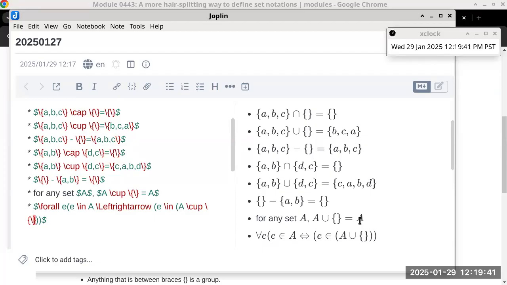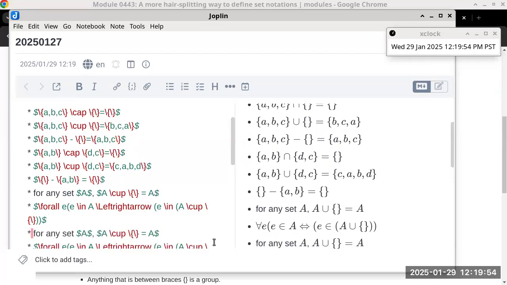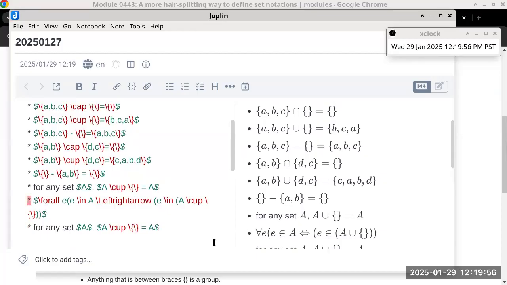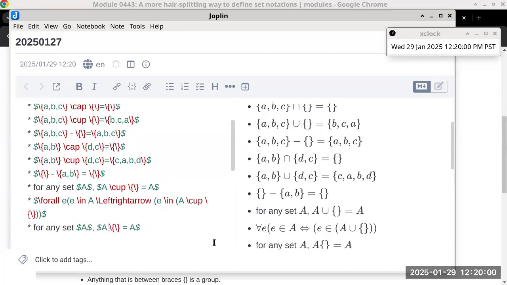All right, very good. But since we are talking about identity, let's see if there's another identity that we can spot here. I think there's another one. Okay, so I'm going to copy and paste here. This one is not needed. What about difference? As it turns out, the difference of any set and the empty set is the original set.